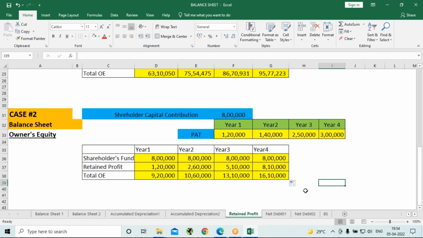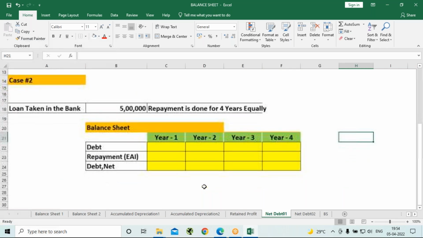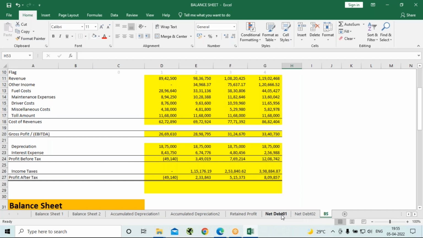Okay. So this is how the calculation of retained profit and the accumulated depreciation should be done. So let me check it out. There is a calculation of debt calculation. I don't want to put this to you today so that it will be a confusion.